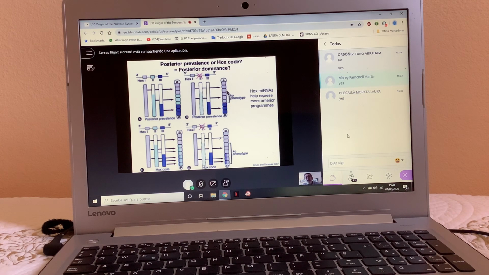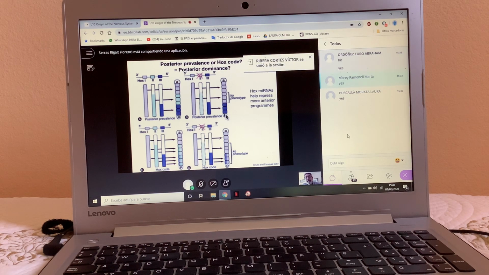Now, if this is true, the phenotype is going to be affecting only those three, because now the dominant effect of this green is lost, and now it has to be only gray, right?